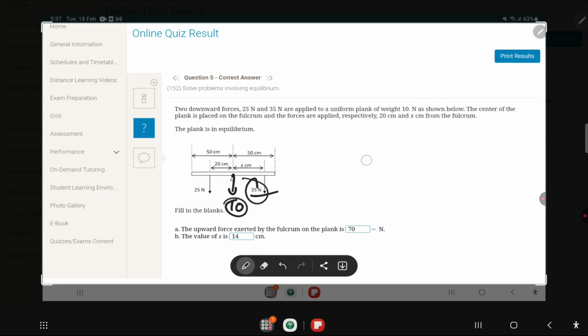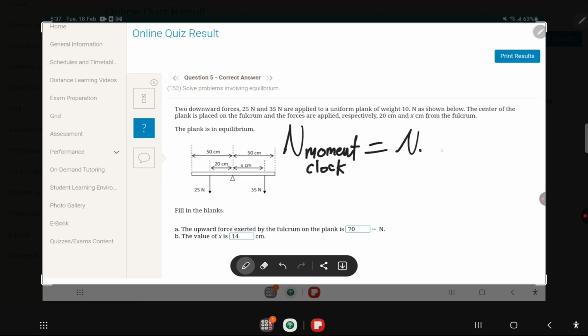Okay, and for the value of x, the distance, we said net moment equals the net moment of clockwise and counterclockwise.